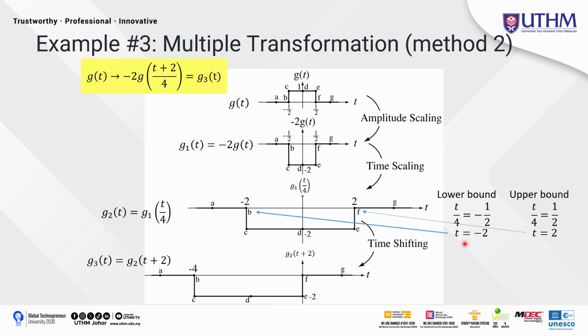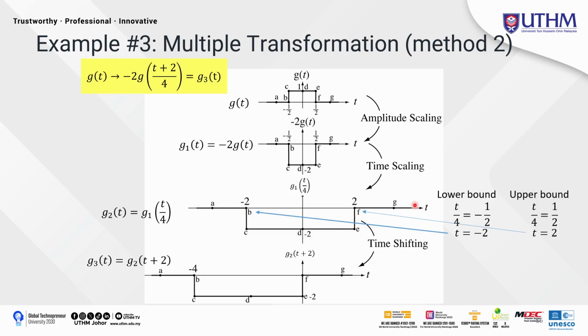You move the 4 to the right, so you get t equal to negative 2. Then you find the upper bound, t over 4 equal to positive half, then t equal to 2. So the lower bound is negative 2, upper bound is positive 2. So your signal of the time scaling is this one.